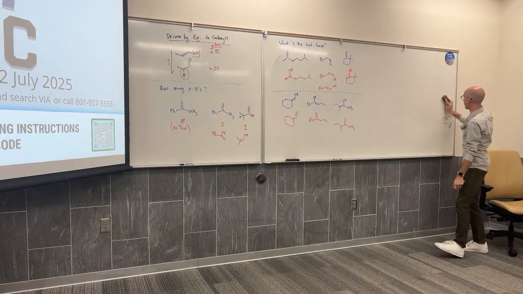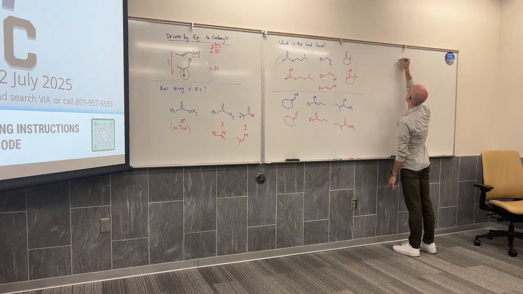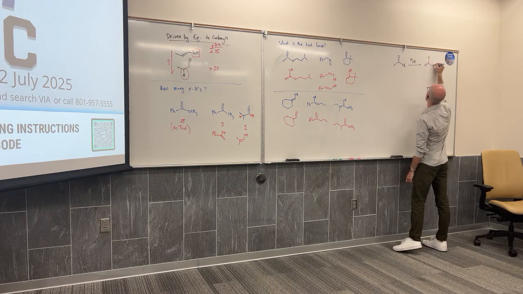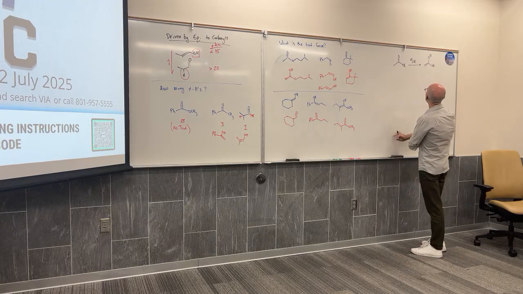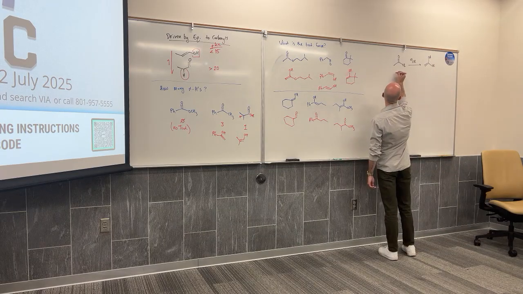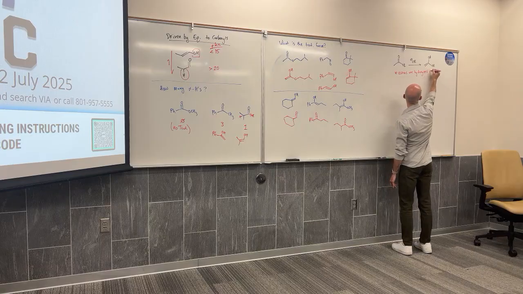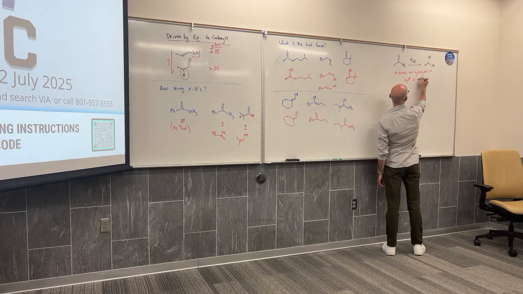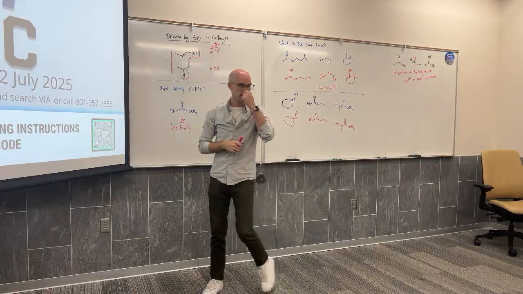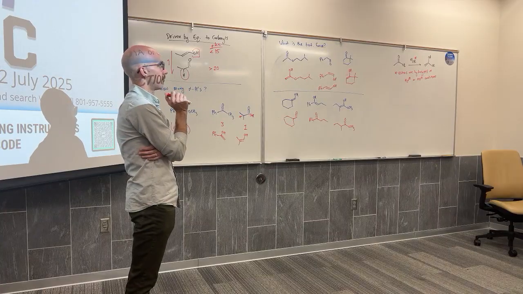And here's that comment that I made before. I just really want to reiterate it. In the tautomerization of an ester, the base that is used must be an OR minus group.